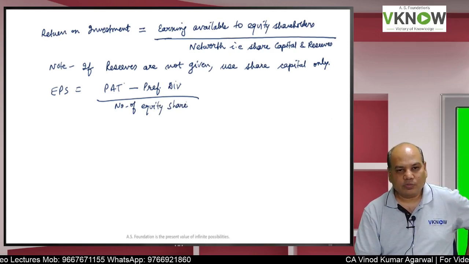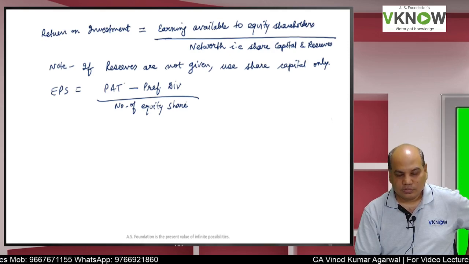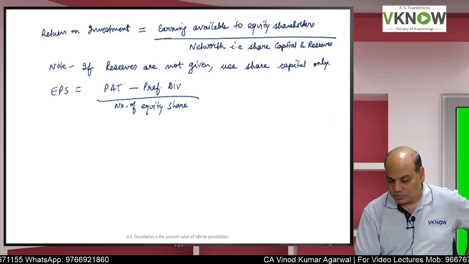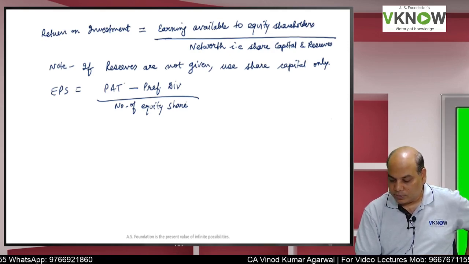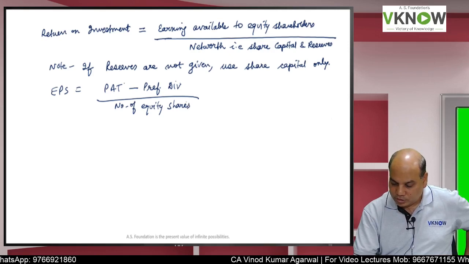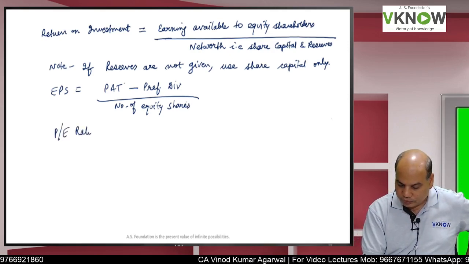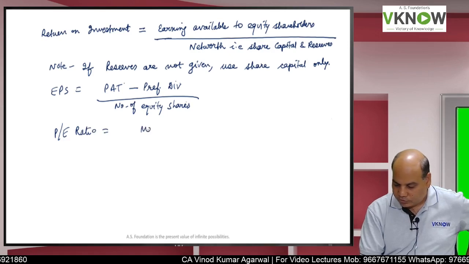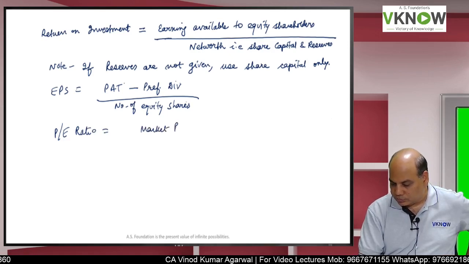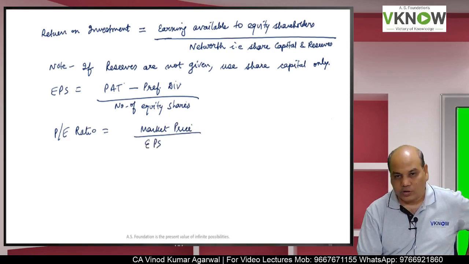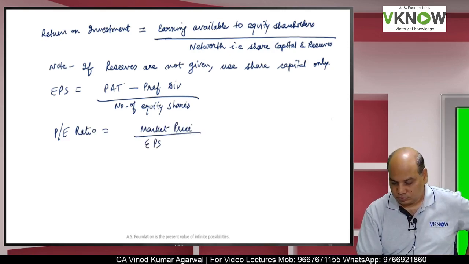EPS will be required in Walter model, Gordon model, Graham and Dodd model, and they may not give you EPS. So PAT minus preference dividend divided by number of equity shares. PE ratio is market price upon earning per share. Is it right?